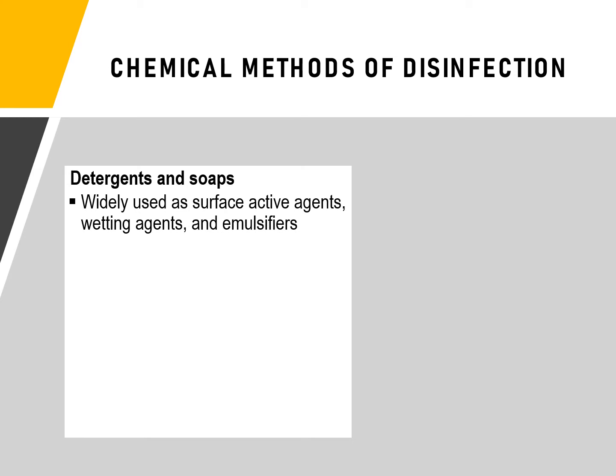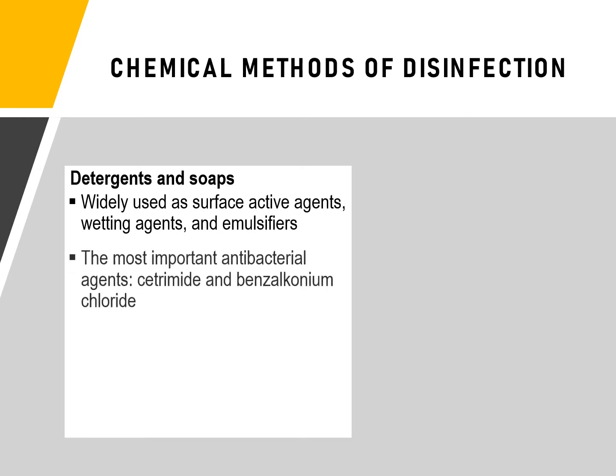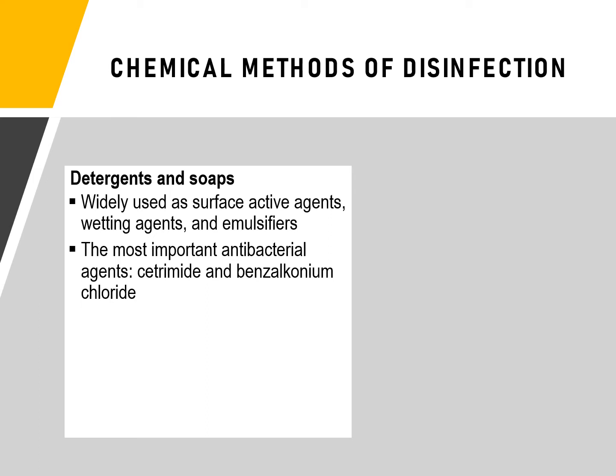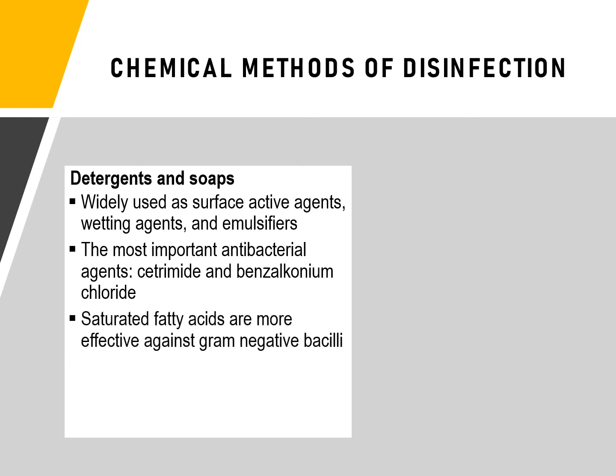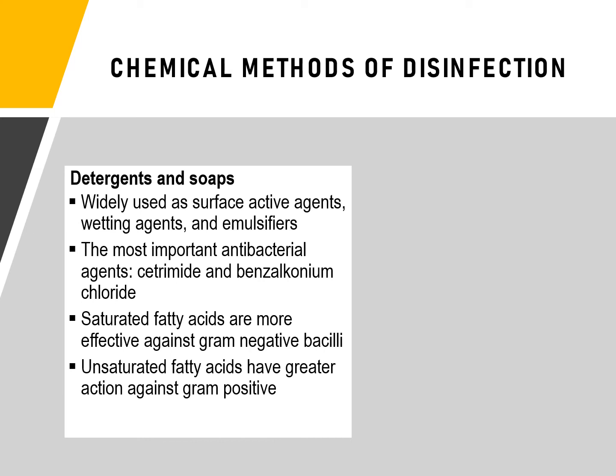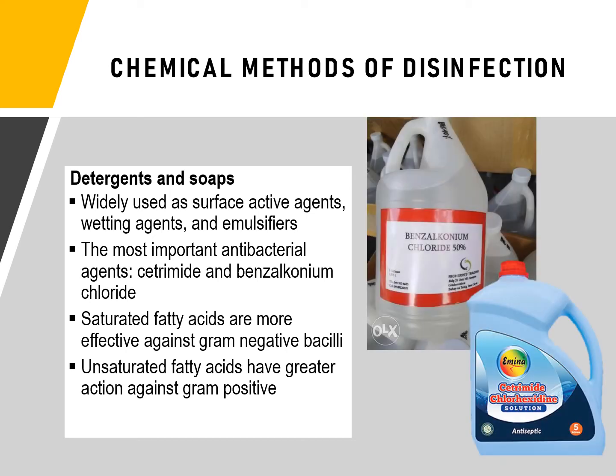They are widely used as surface active agents, wetting agents, and emulsifiers. The most important antibacterial agents known are cetrimide and benzalkonium chloride. Soaps made from saturated fatty acids are more effective against gram-negative bacteria or bacilli, while soaps made from unsaturated fatty acids have greater action against gram-positive microorganisms.